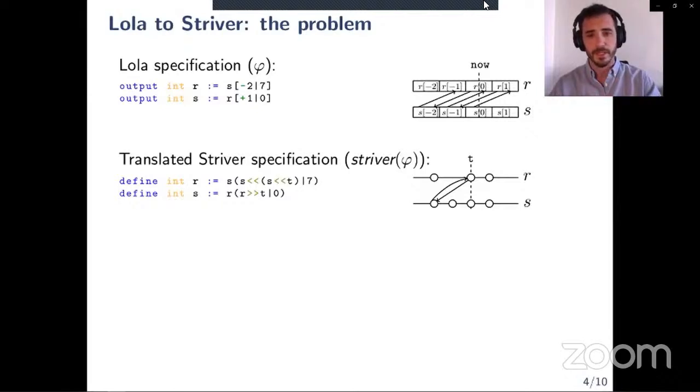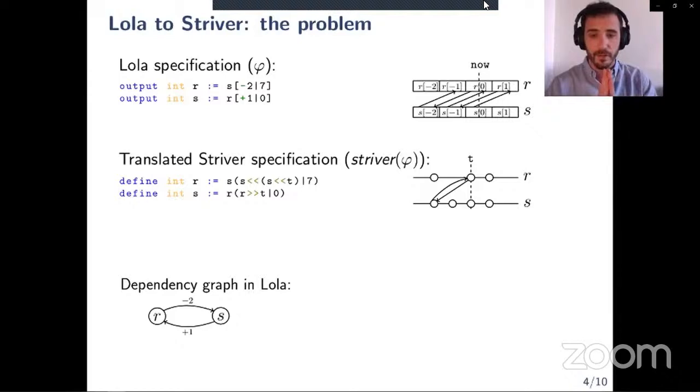The problem here is that in the dependency graph of the original Lola specification, we do not have a walk of weight 0. This is, in this graph, we cannot have a sequence of edges whose weight is 0, which means that the Lola specification is well defined.